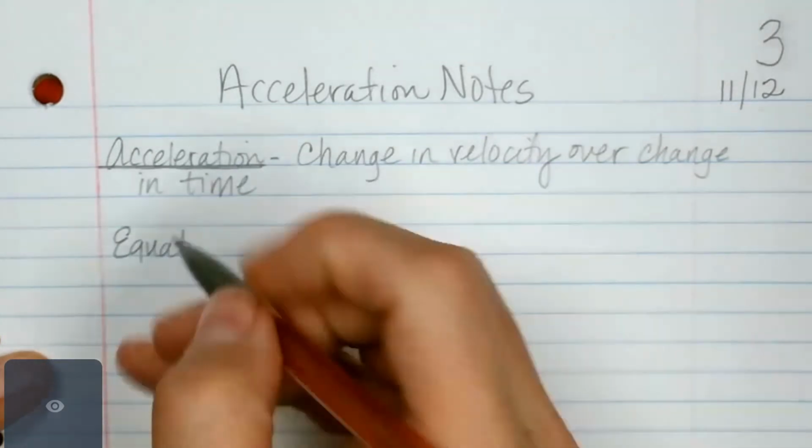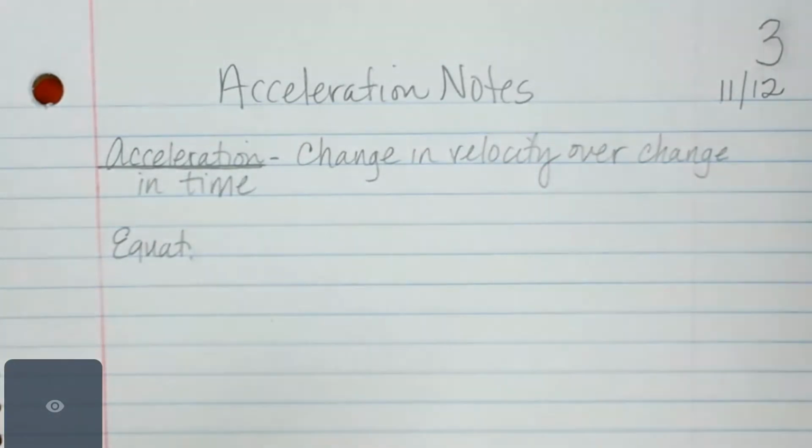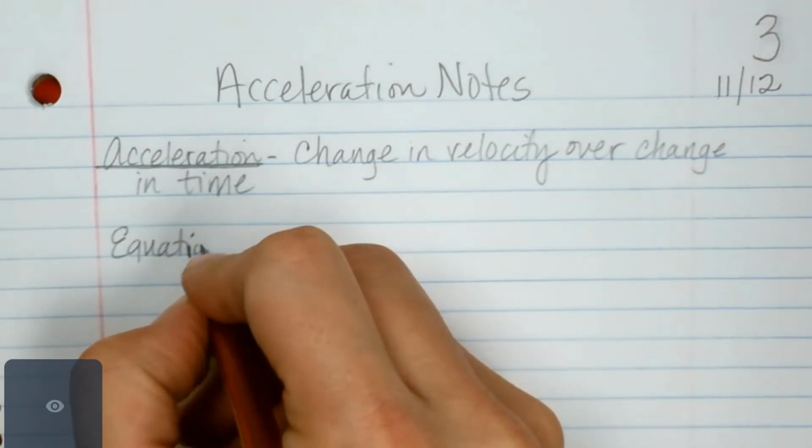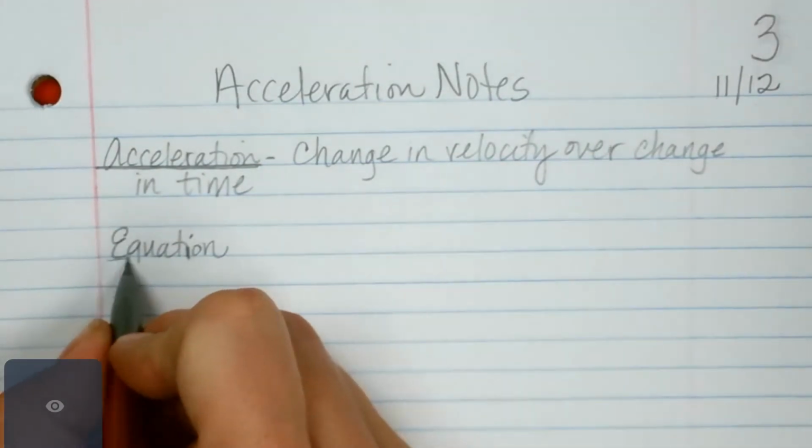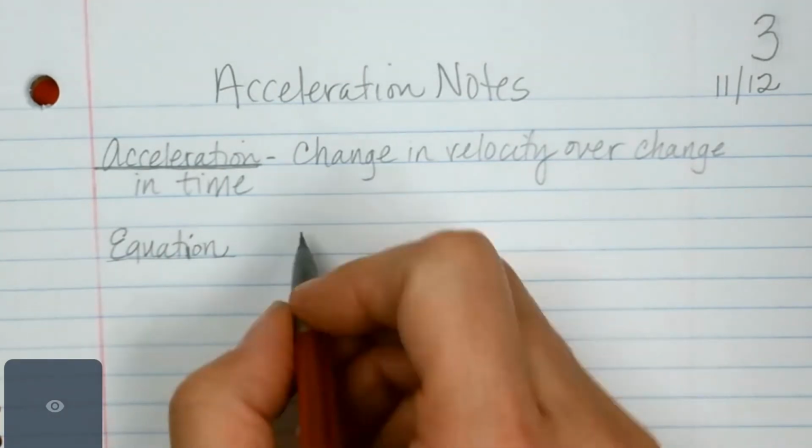I've given you the equation before, but we want to have it in one spot so we can just make sure it's easily accessed. So we know that it's the change in velocity over change in time.